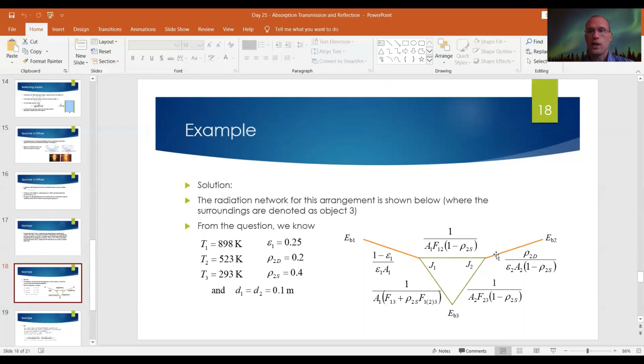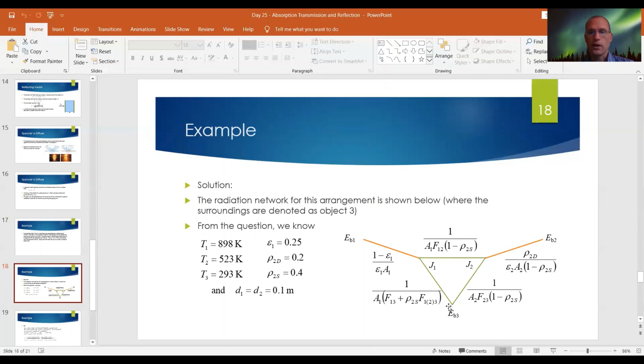Object 2 is a bit more complicated because it's a diffuse and specular reflector. To get off its surface, I have rho 2d divided by epsilon 2 A2 (1 minus rho 2s). This is the reflecting part of it coming off. Between the two, I have 1 over A1 F12 (1 minus rho 2s). Again, that's the specular part of it.